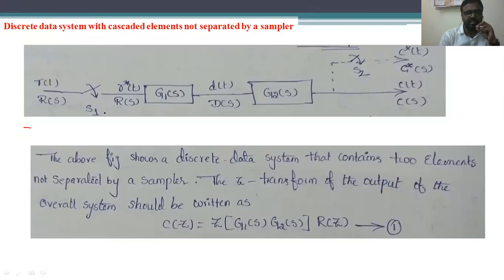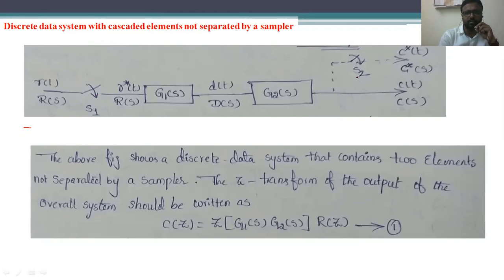Okay. So initially, in order to frame or facilitate the synchronizing function, the sampler S1 is going to be placed after the input, and after that we have placed a sampler S2 after the output.